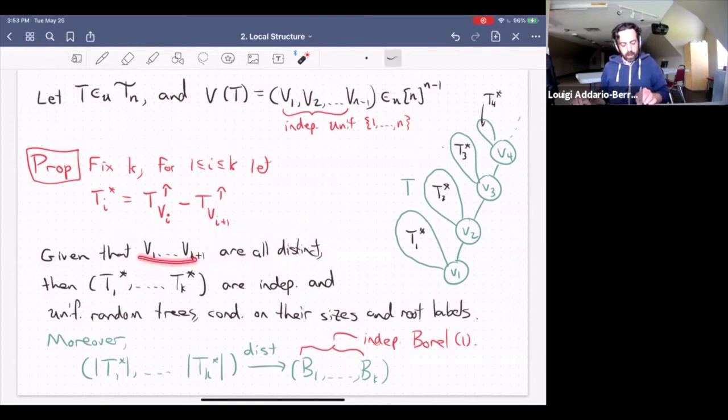One is that these are all distinct, and then the second is a conditioning on the precise sizes. I need that these are distinct, and I need to know what the sizes are. Yeah.